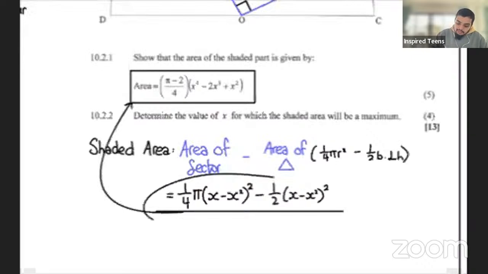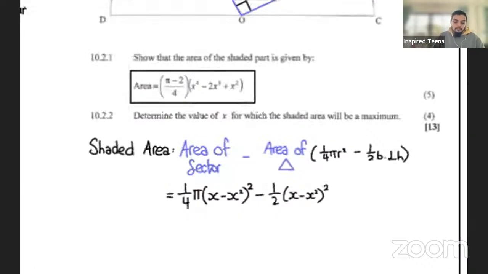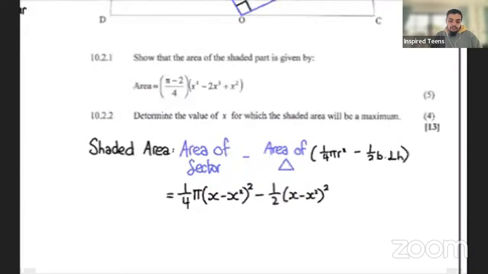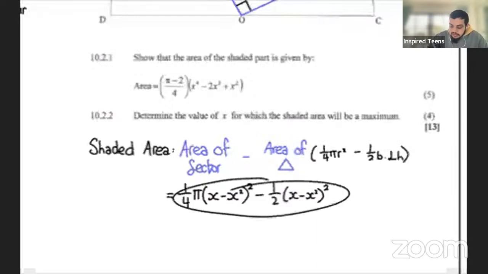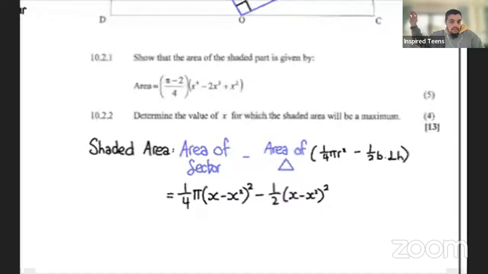That's why the main part is done. It's the first expression of the shaded area, but now we just need to simplify to that. It's just simplification. Algebraic simplification can get tricky and confusing sometimes. I understand, simplifying this with all the variables and the squares, it's so much work.